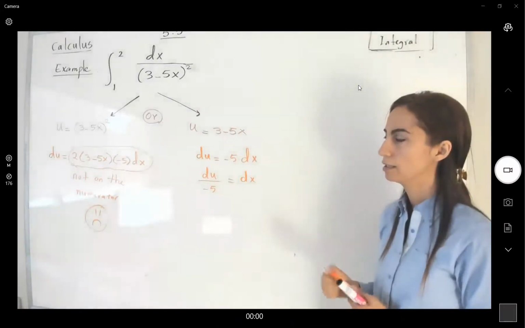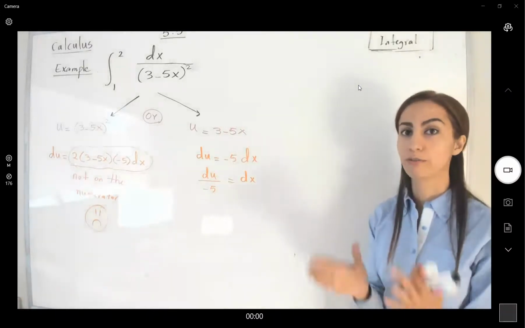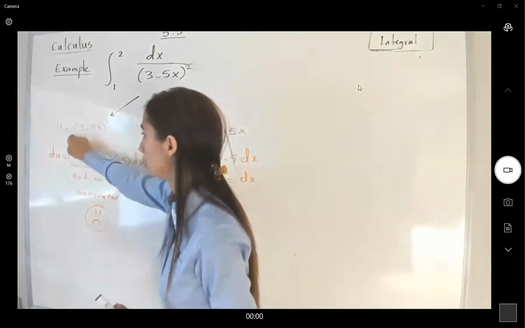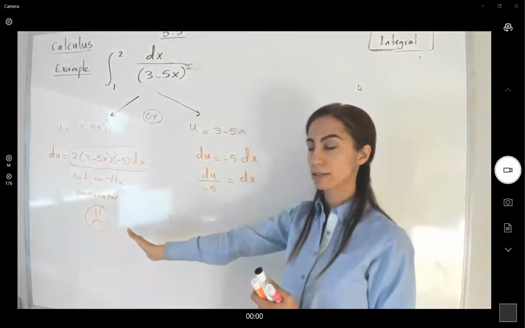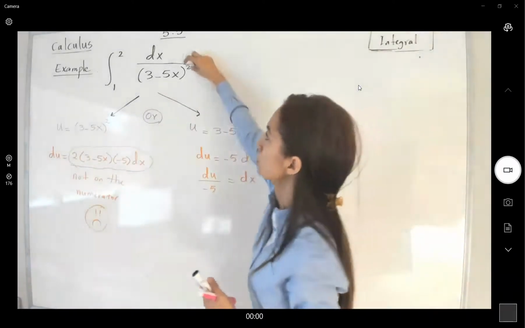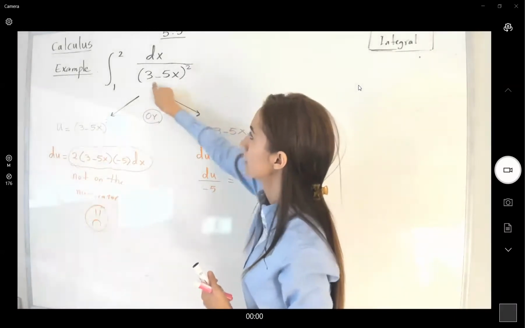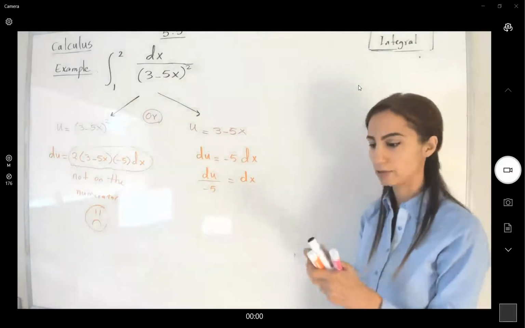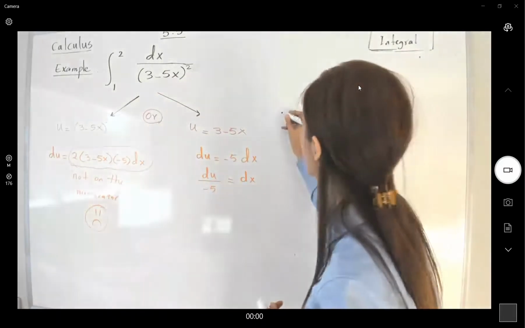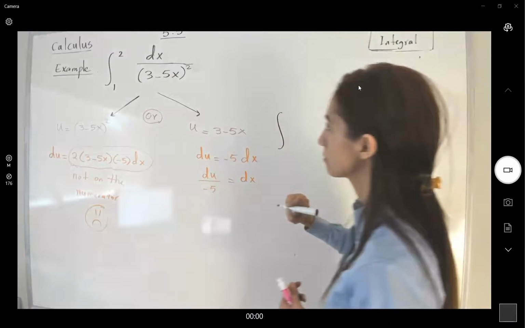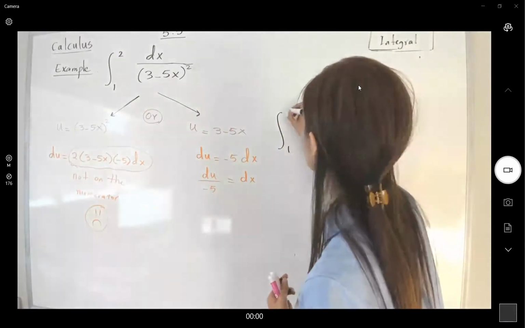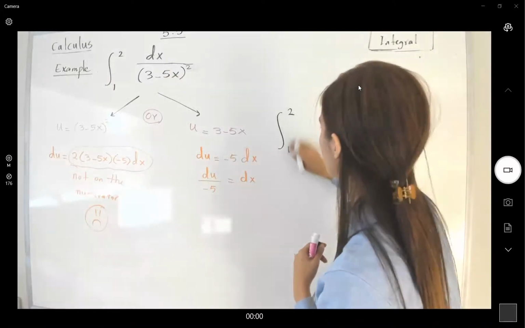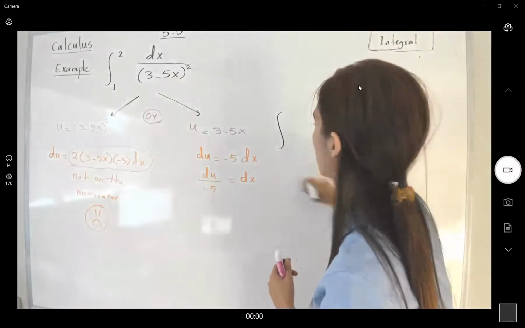Okay. So for sure, we know that if we take the whole denominator to be u, it's not working for us. But if I just ignore this exponent here and take this term, 3 minus 5x, as my u, I can work it out. So here I get the integral from 1 to 2. Let's just forget about this upper bound and lower bound.